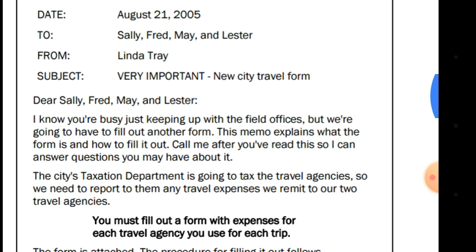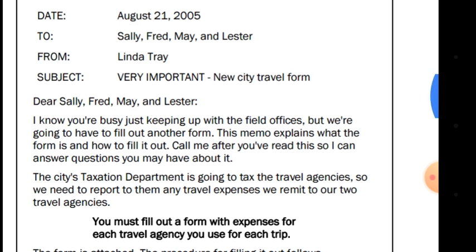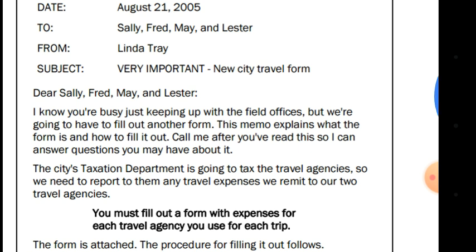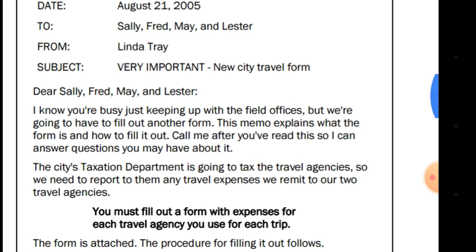So the writer begins with a cordial opening that empathizes with the readers, which helps diminish the negative reaction to having to fill out another form. This cordial opening and closing are the only informal parts of the memo. The remainder of the memo is strictly business.